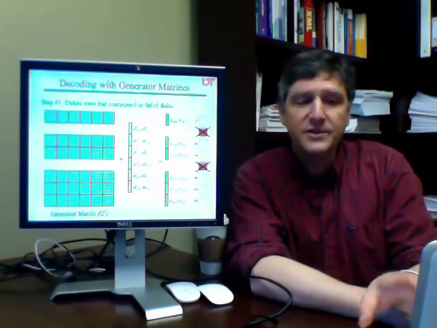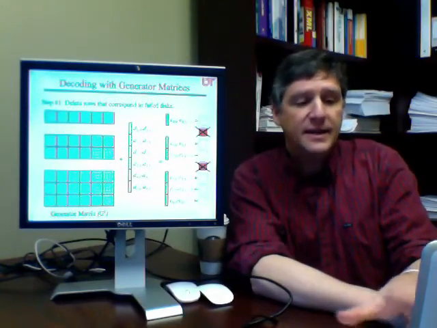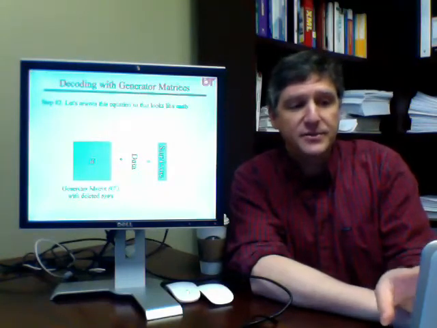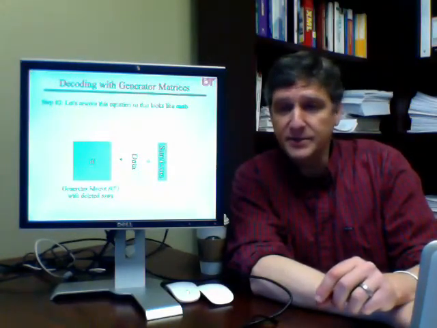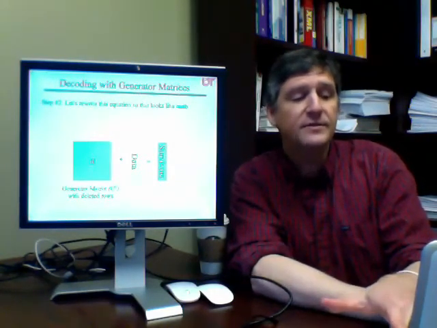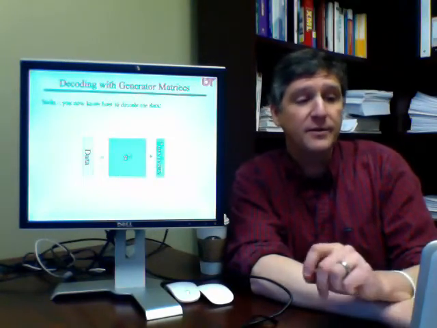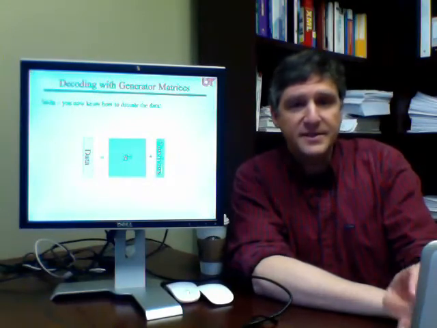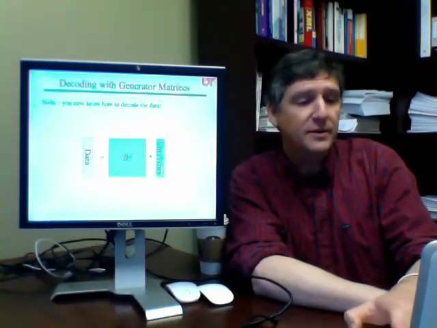So you take the rows of the generator matrix that correspond to the failed disks and you delete them. Then you take this picture and turn it into a more mathematical picture, right? You have a matrix times the data equals the surviving disks, so you go ahead and invert that matrix, multiply it by both sides, and voila, you've decoded. So this is a standard way to do matrix-based decoding.